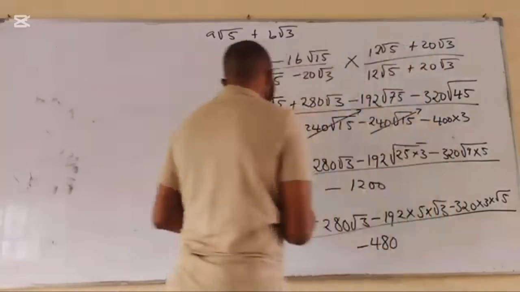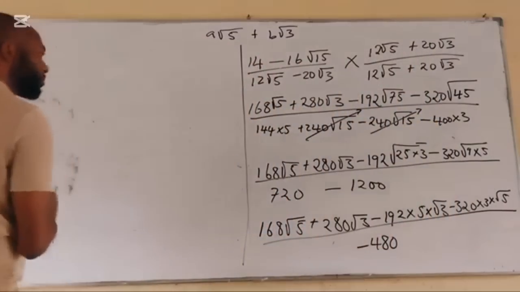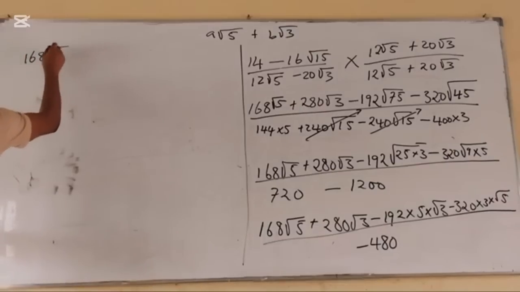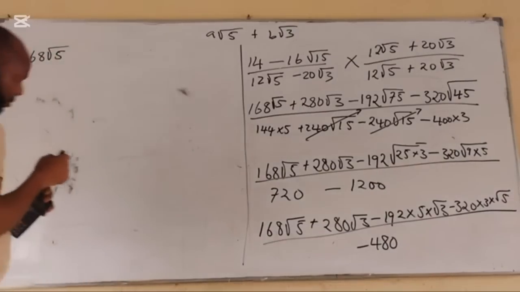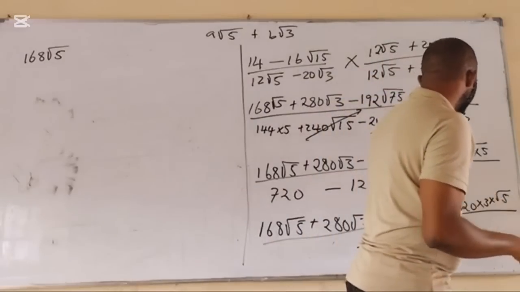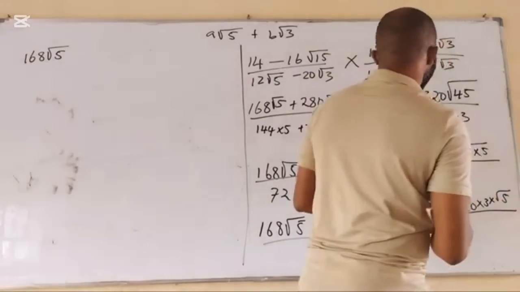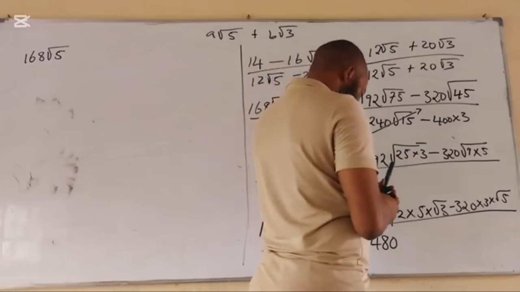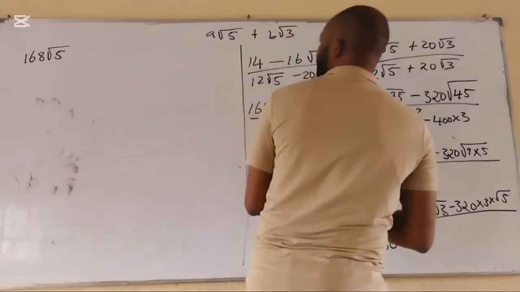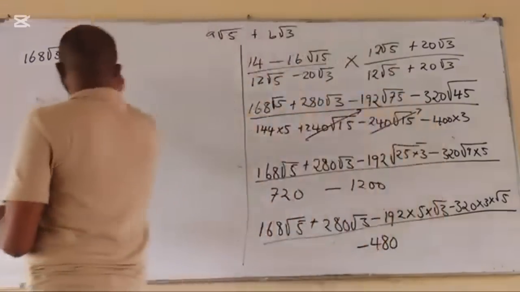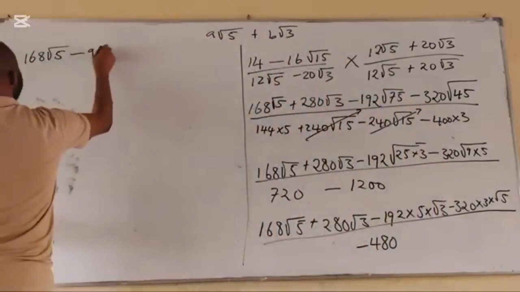Okay, let's proceed. 168 root 5. Let's check another root 5 here, which is 320 times 3. 320 times 3 is 960. Minus 960 root 5.